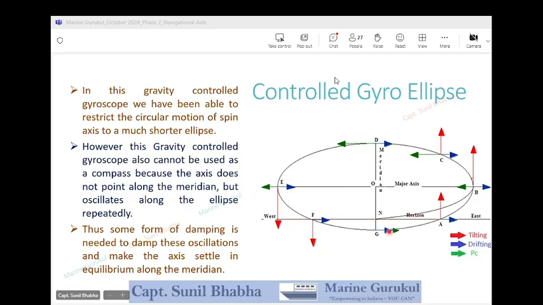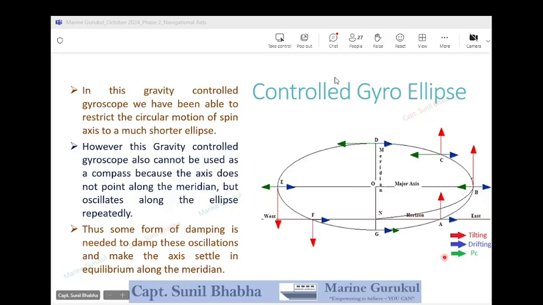The spin axis has attained this stability because of the combination of these three forces. The tilting, drifting, and control precession are balanced in such a way that if you try to disturb the spin axis at any point on this ellipse, sooner or later it is going to come back.